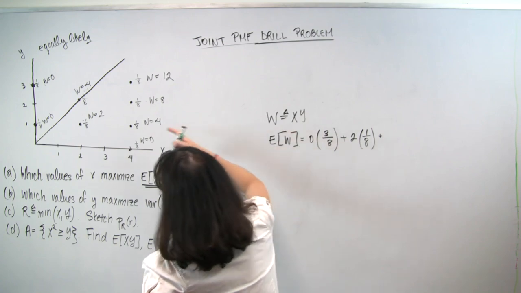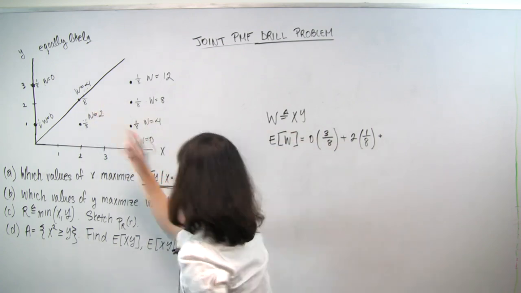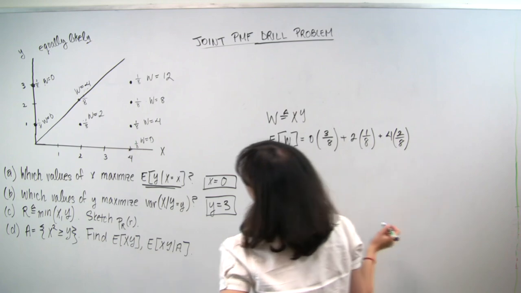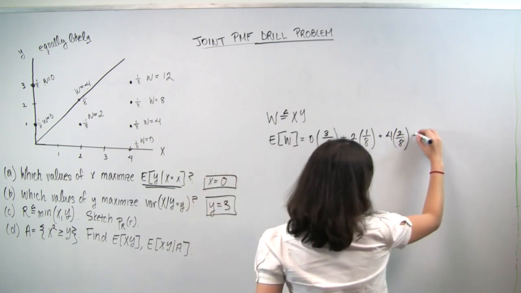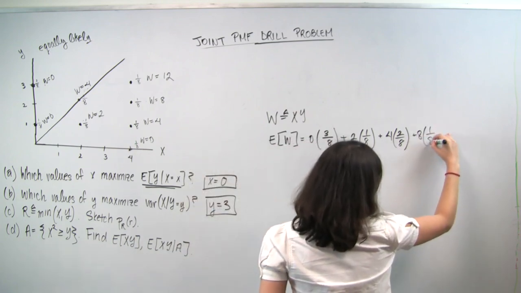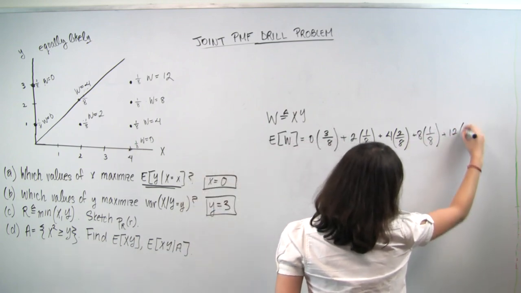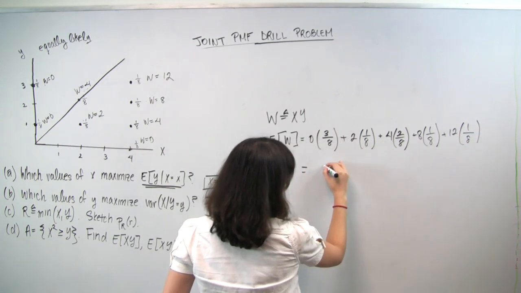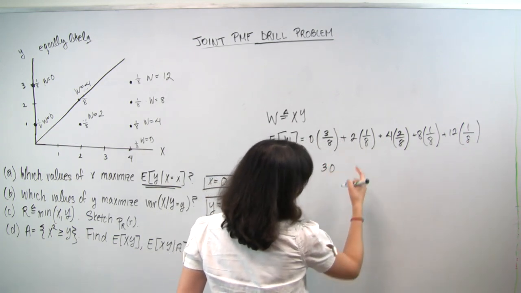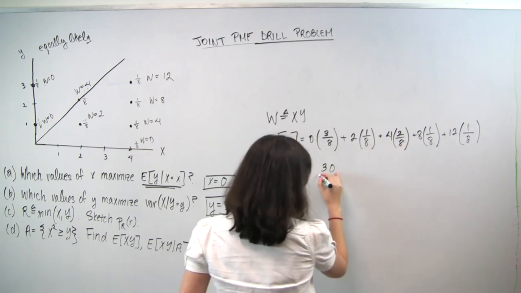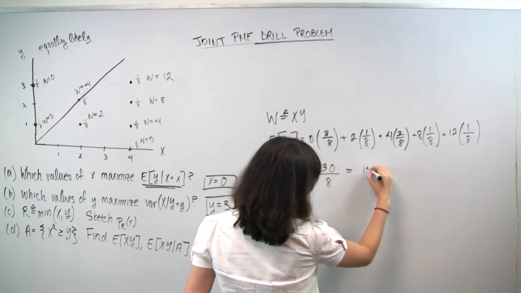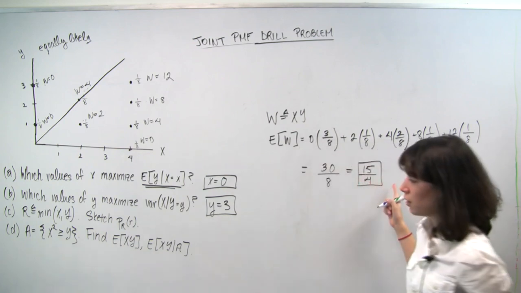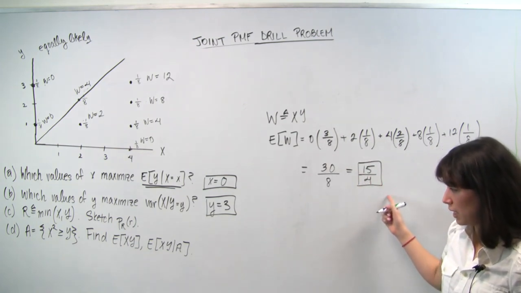Plus, it can take on a value of 4 with probability 2/8. 4 times 2/8. And 8 with 1/8 probability. And similarly, 12 with 1/8 probability. So this is just algebra. The numerator sums up to 30. So we have 30 over 8, which is equal to 15 over 4. So this is our first answer for part D.